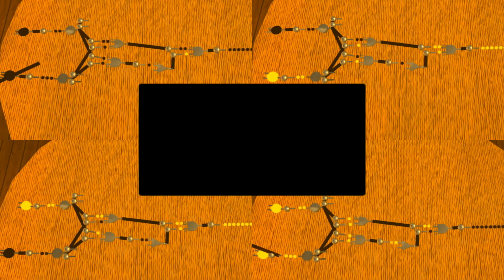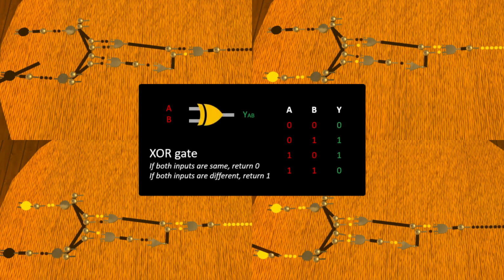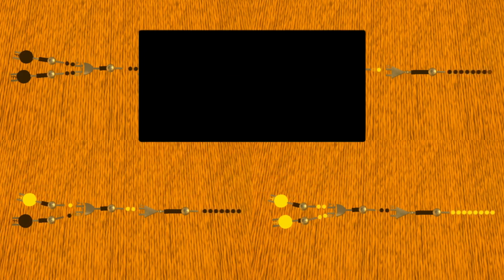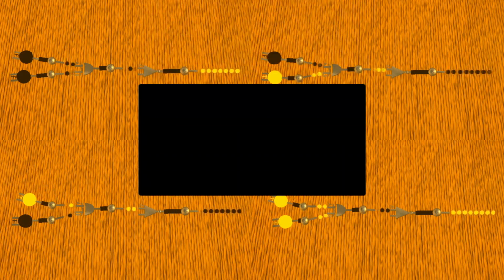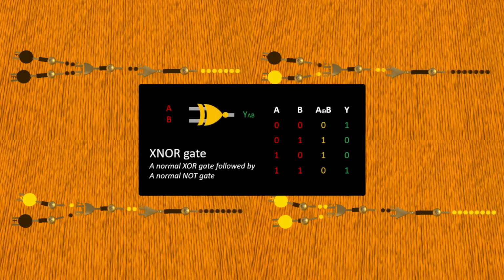The exclusive OR gate is my personal favorite. If the inputs are different, then it gives you a 1. If they are the same, it gives you a 0. A not exclusive OR gate is just an XOR gate followed by a NOT gate.